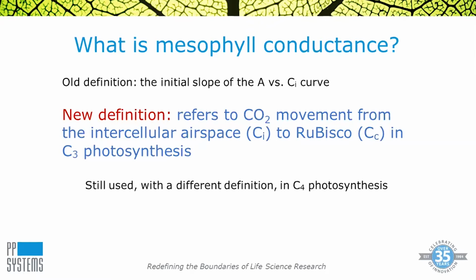The term mesophyll conductance is still used, but with a completely different definition when people are talking about C4 photosynthesis. So you have to realize that mesophyll conductance means different things to people who are interested in C4 versus C3. So I'm going to talk strictly about C3 photosynthesis.